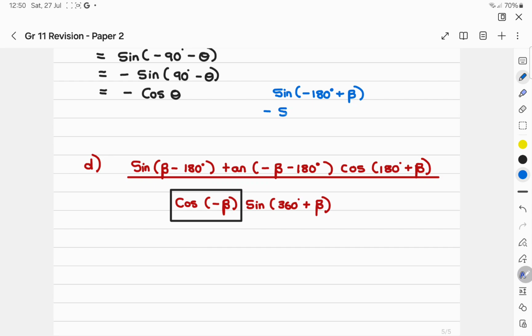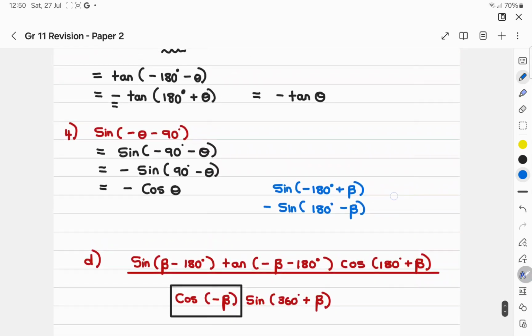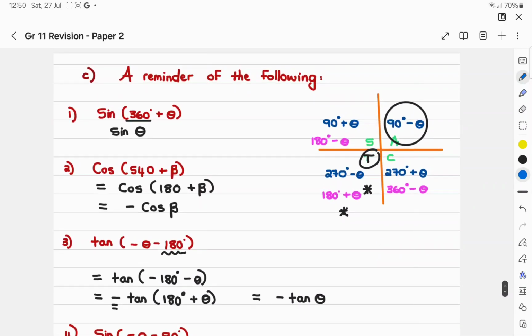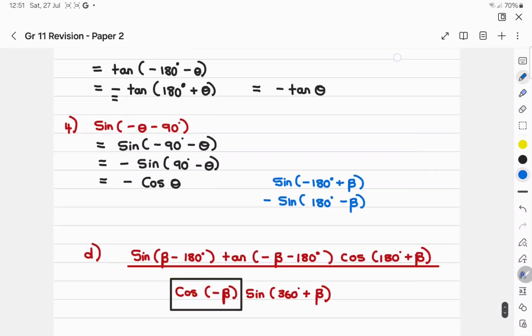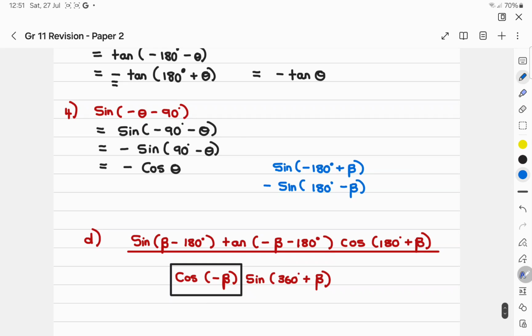So take out a negative sine of 180, so negative 180 becomes a positive 180, and the positive beta becomes a negative beta. Now you can look, where does 180 minus beta lie? 180 minus is over here, and the only one that's positive is sine.